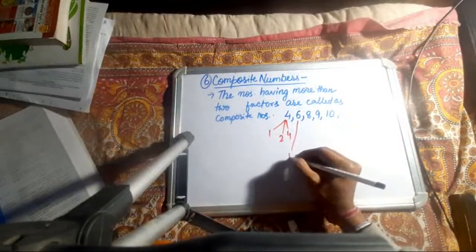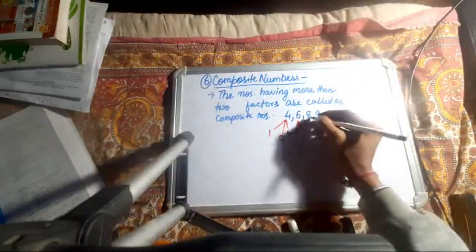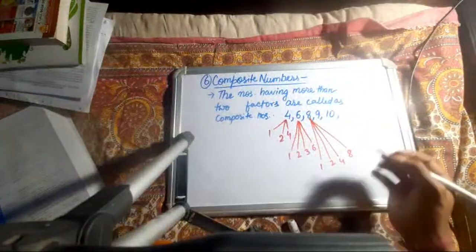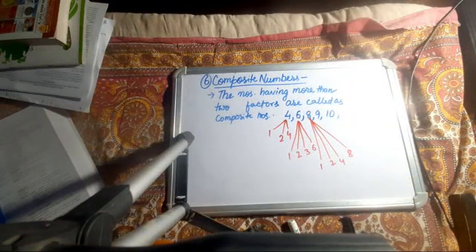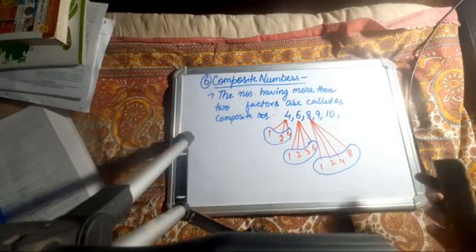Similarly 6 is divisible by 1, 2, 3 and 6. 8 is divisible by 1, 2, 4 and 8 and so on. Since they have more than 2 factors, that is 4 has 3 factors, 6 has 4 factors, 8 has 4 factors and so on, they are considered composite numbers. Okay, next, coming on to our next topic, that is twin prime numbers or twin prime.